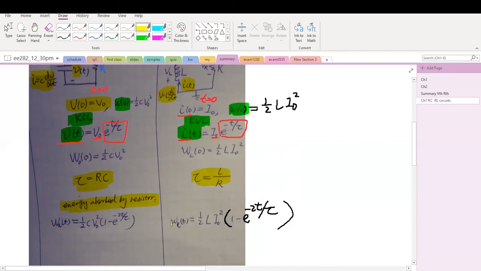For the RL circuit, the energy absorbed by the resistor is half L I naught squared. That's the same quantity in both cases. When time goes to infinity, the energy absorbed by the resistor will be the same as the initial energy stored in the capacitor or the inductor.